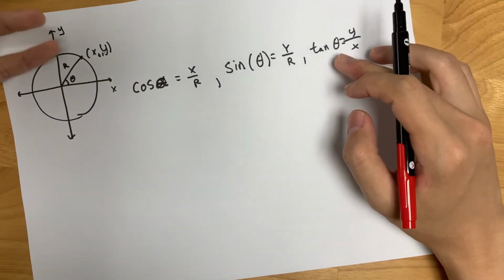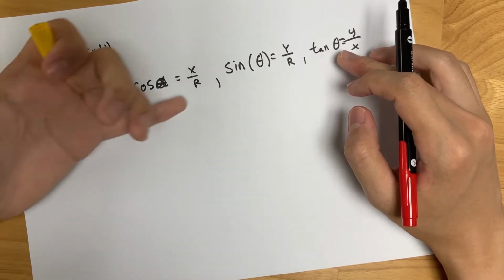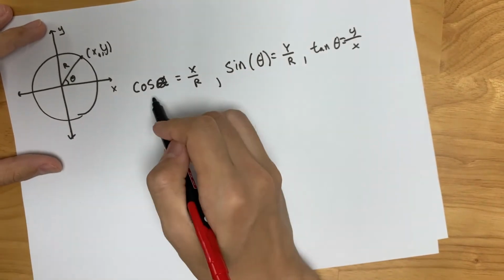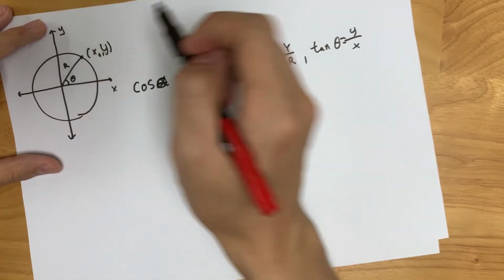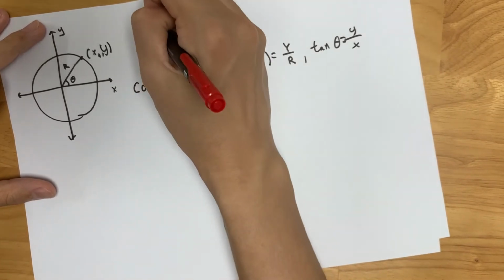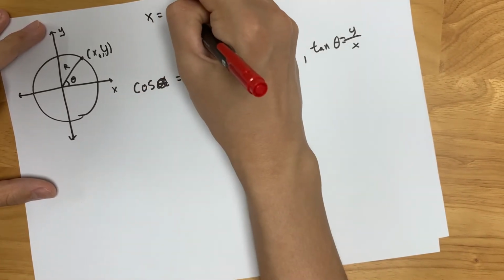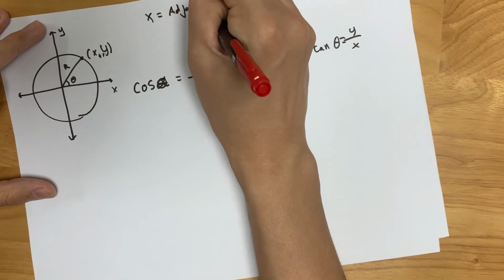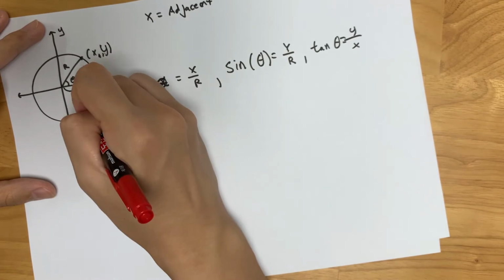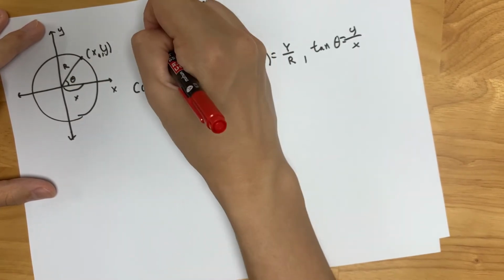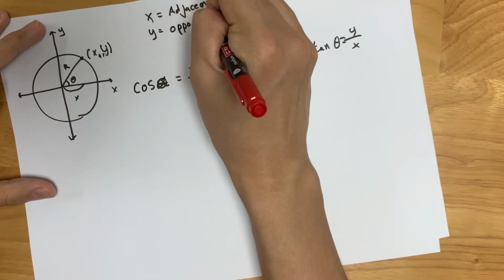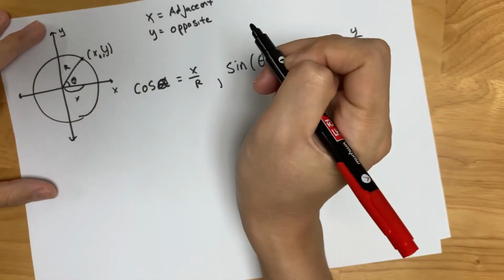So this is just notation, sine and cosine. Don't get scared. X over R just means cosine theta. And X we call adjacent, which is this part. X is adjacent, Y is opposite with respect to this angle.